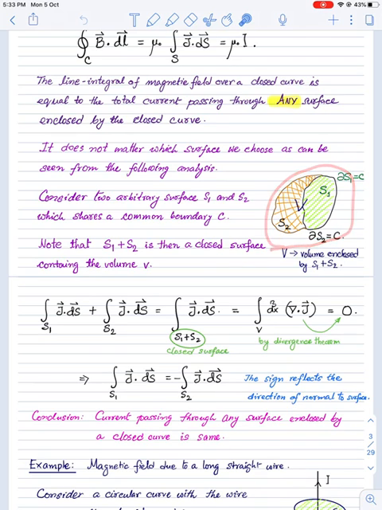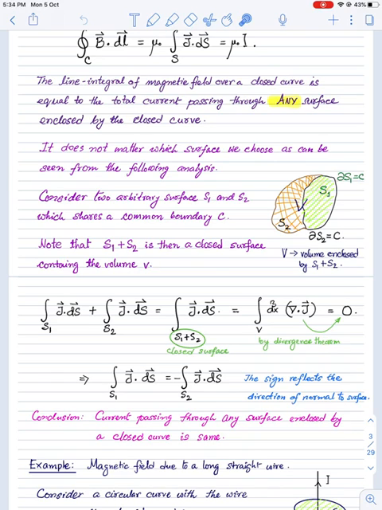So let's try to consider this figure again here. Let's say you consider two surfaces, S1 and S2, that I described to you before. If you consider the current passing through S1 and S2 and add them up, then you get the total current passing through the closed surface S1 plus S2.